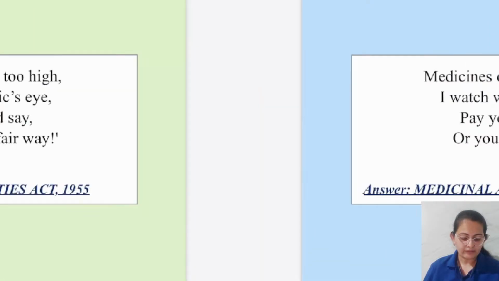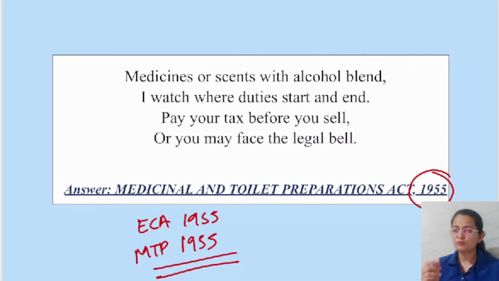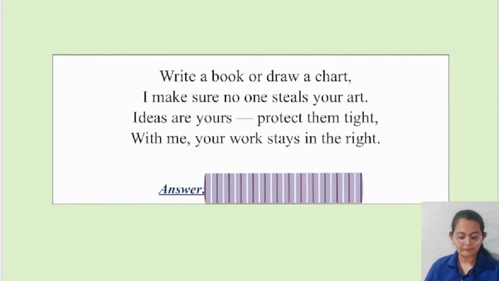The Essential Commodity Act was again 1955, and the Medicinal and Toilet Preparation Act again 1955. Do remember this. Next, let us move a bit fast, or else we will not complete this topic.